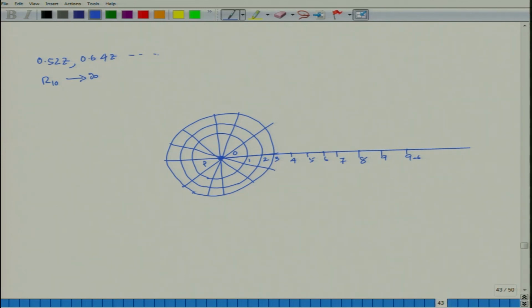So, I will elaborate how the procedure is done. Consider a scale here, this is your AB, and AB is equal to your depth.